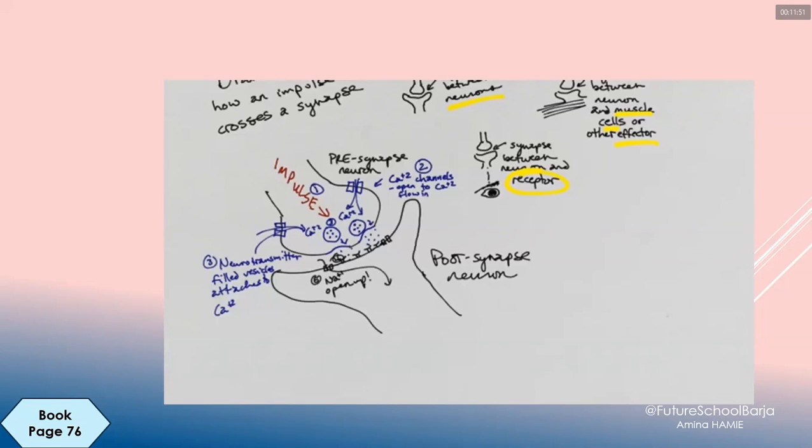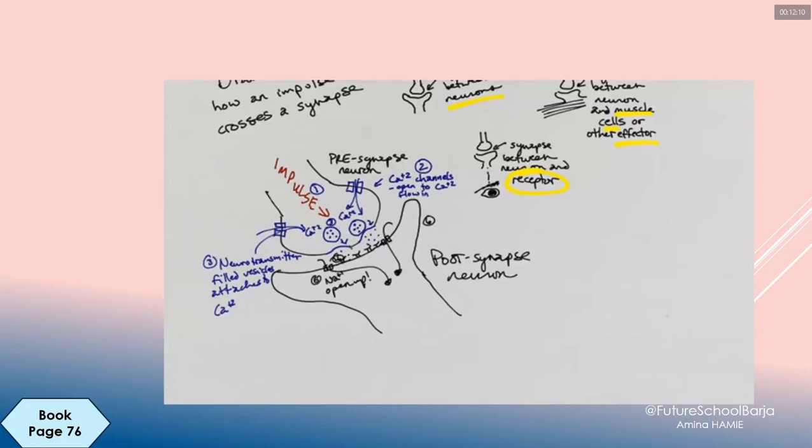So the sodium rushes in, and we know from our action potential that when sodium rushes in, the voltage of the inside of the membrane becomes positive, and that starts the impulse happening.